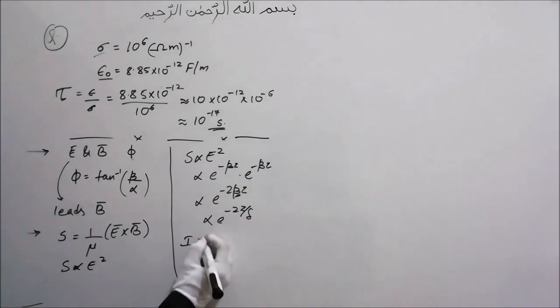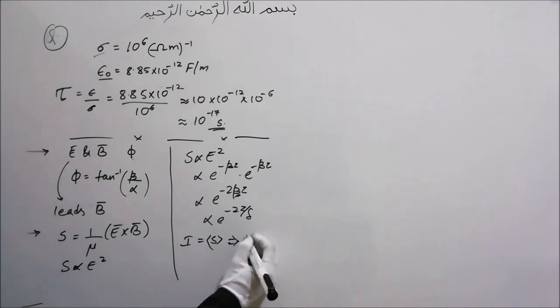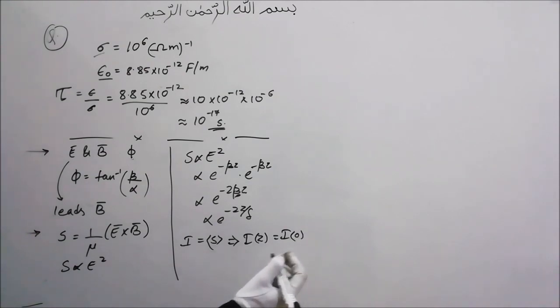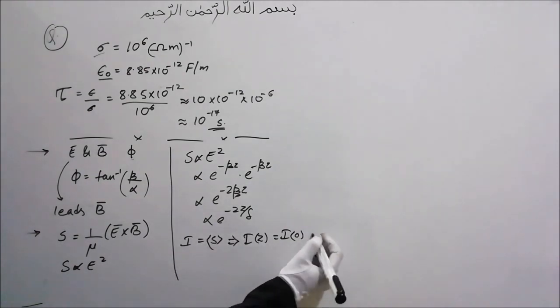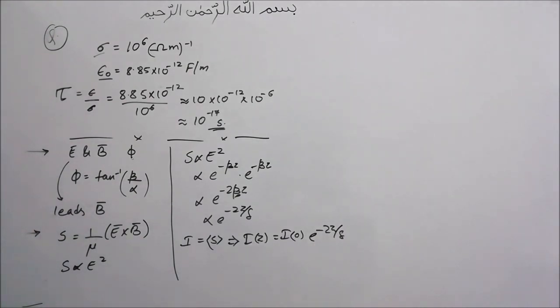Now the intensity I at a distance z will be equal to the intensity at the surface of the conductor times e raised to minus 2z upon delta. This is another formula, where this is the intensity inside the conductor at a distance z, and this is the intensity at the surface of the conductor.